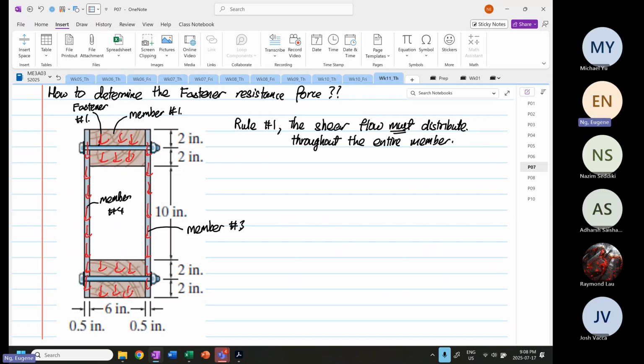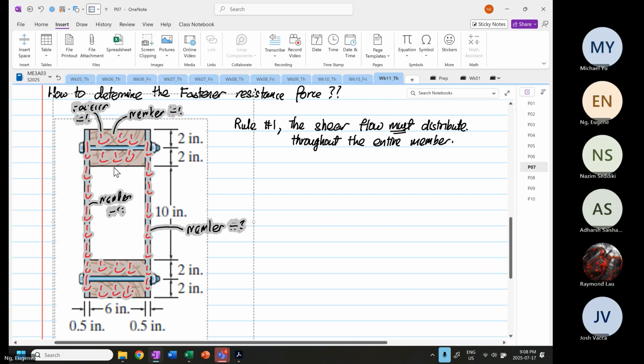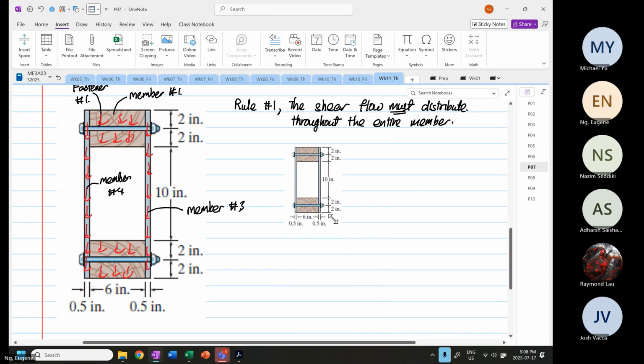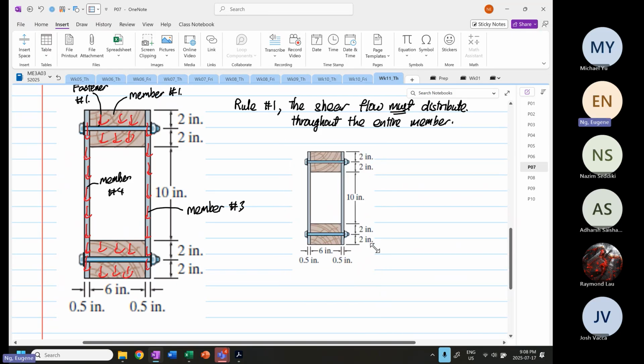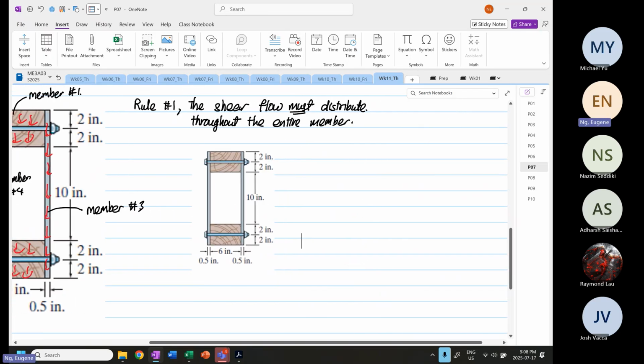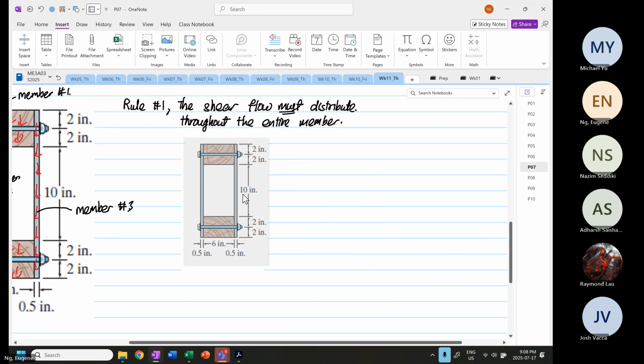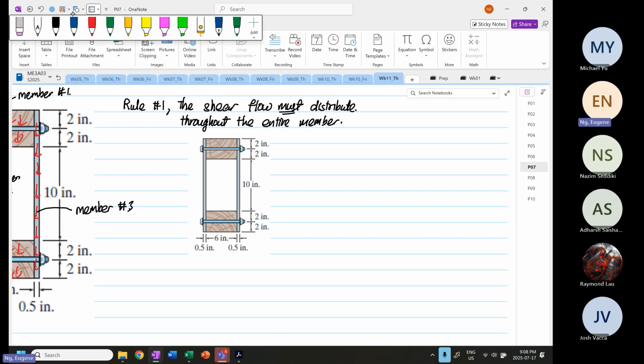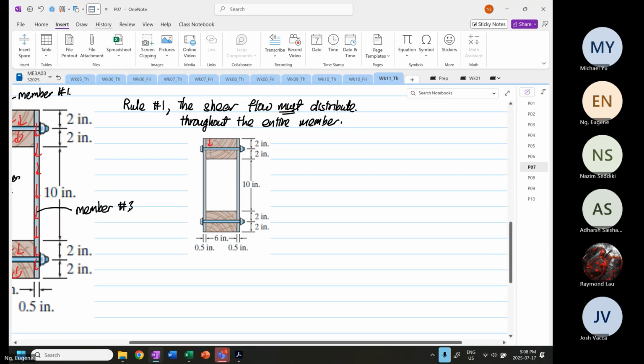What does this statement mean? I'm going to paste the diagram again. Before the fastener sees the load, I repeat, before the fastener sees the load, the shear flow must distribute across the entire member first.